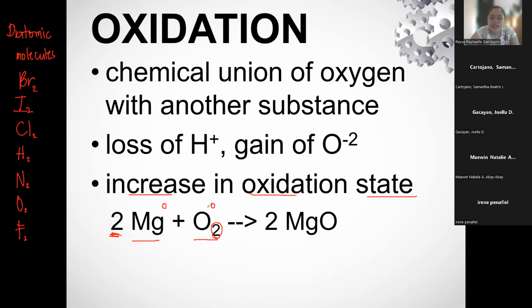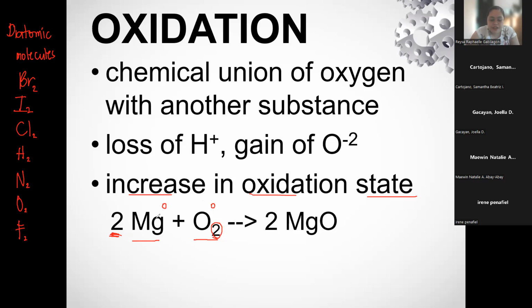It will only assume a charge if its charge is decreased or increased. So these are just 0. When will it be 0? When they are not combined with other elements.